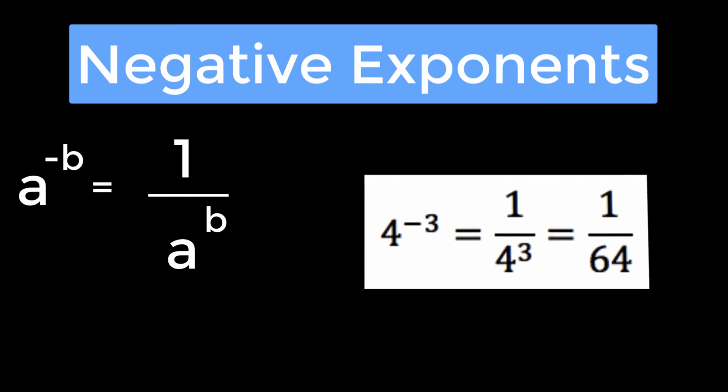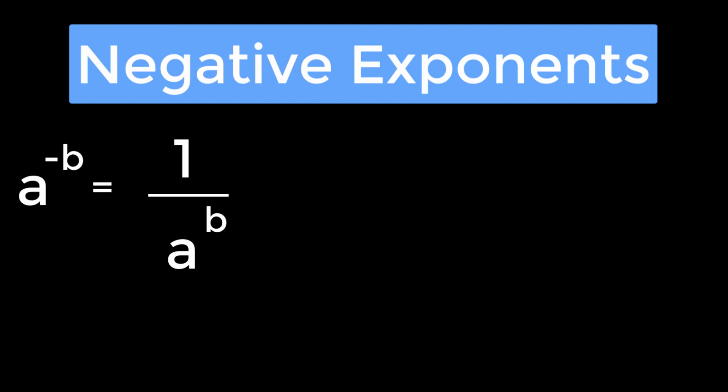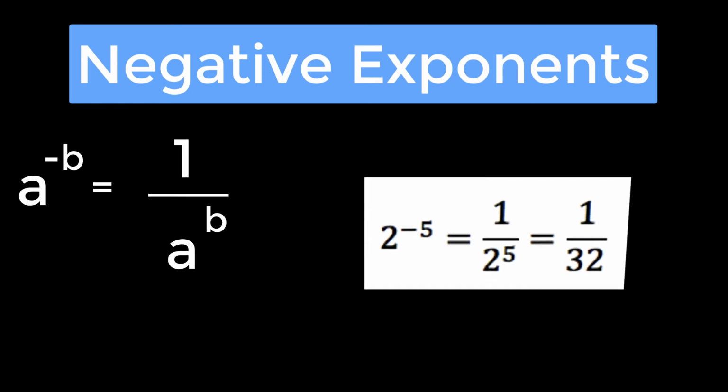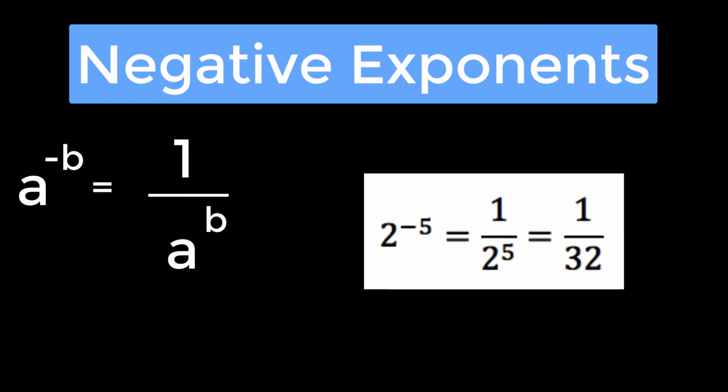So 4 to the negative 3 equals 1 over 4 to the third, which is 1/64. 10 to the negative 2 equals 1 over 10 squared, which is 1 over 100. 2 to the negative 5th equals 1 over 2 to the 5th, which is 1 over 32.